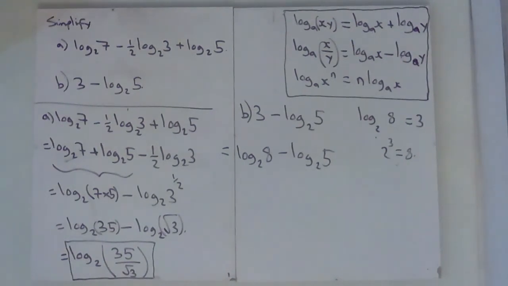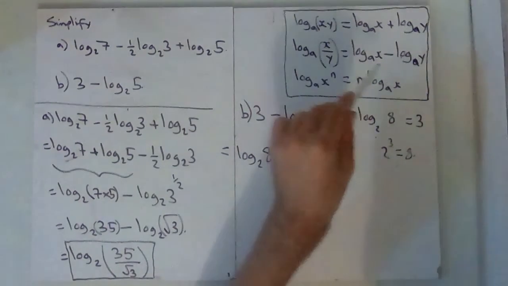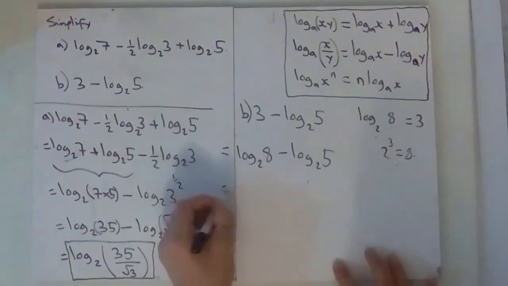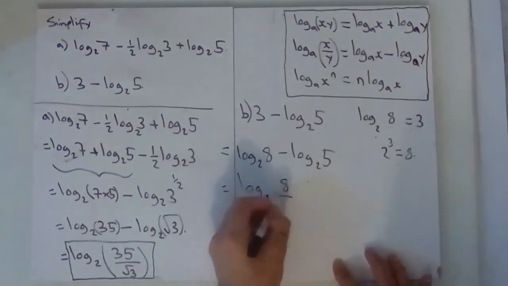So that's the tricky bit, and it is tricky, no doubt, but once you've done that, then really it just becomes a simpler application of the second law. So now I've got log base 2 8 minus log base 2 5, so I can say, well, that's log base 2 of 8 over 5.